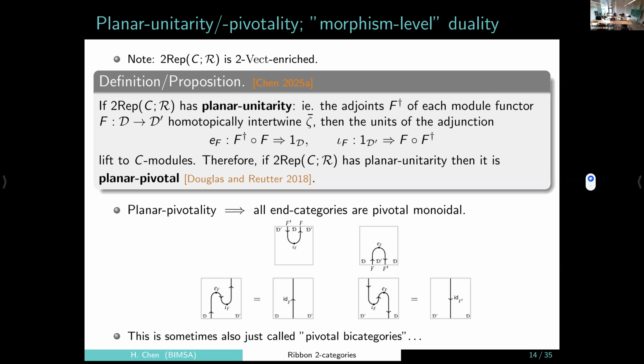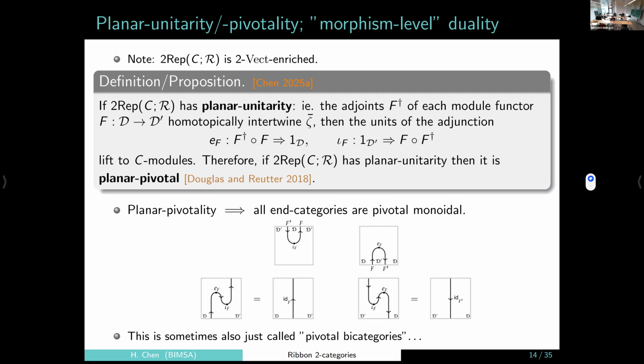But I'm going to start with the assumption that this module two-category, or two-category of modules, is two-vector enriched. So the two-morphisms are vector spaces, perhaps super spaces, but let's not think about that too hard at this point.